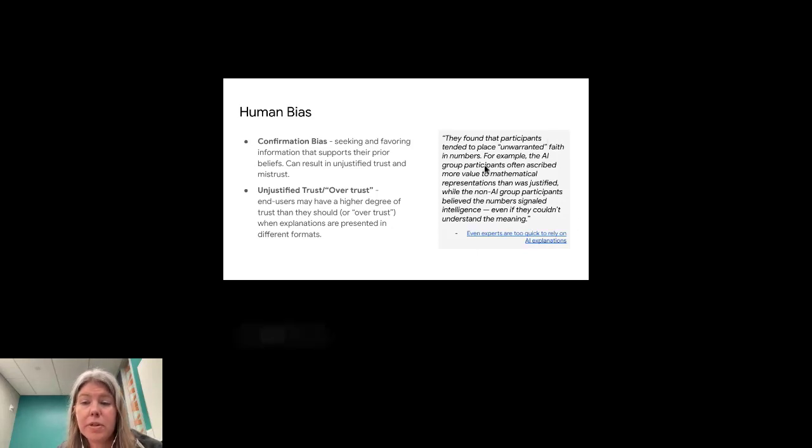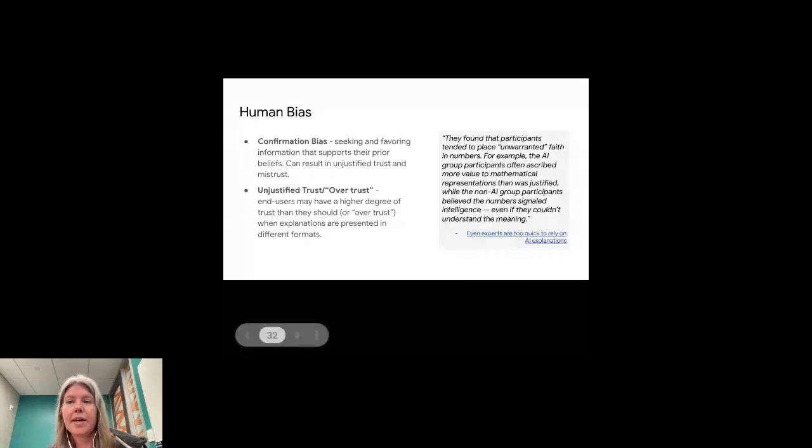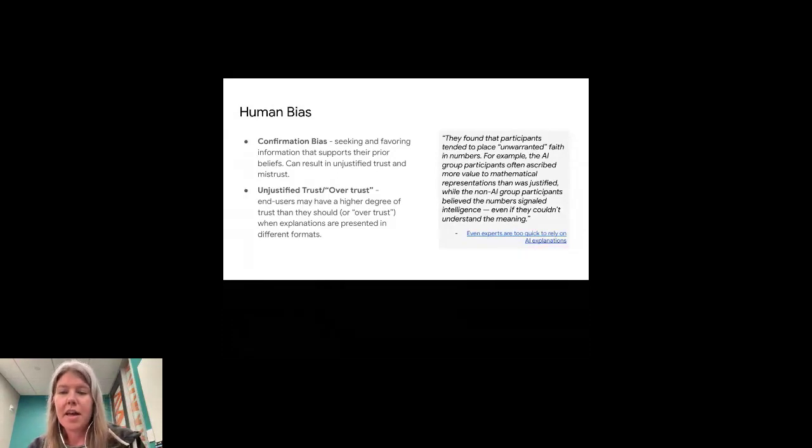And there was actually a really cool study done, and this is from the quote in this box I have on the right, where they had two populations of people: data scientists and non-data scientists. They presented them with machine learning model predictions with explanations, but they had two different types of explanations. One was a human-readable sentence, like an English sentence, and one was a mathematical formula.